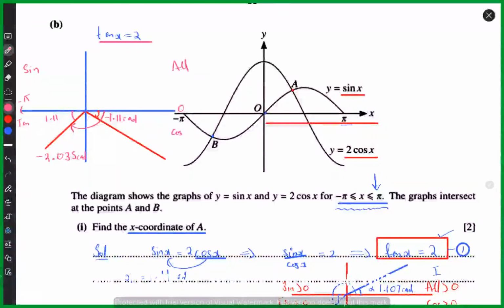Okay, just listen to me. By looking at the graph, I was able to see that point B is between 0 and negative pi. For 0 and negative pi, I know that things would be opposite, opposite, and opposite. I just made the third and fourth quadrants. Alpha is going to be the same.